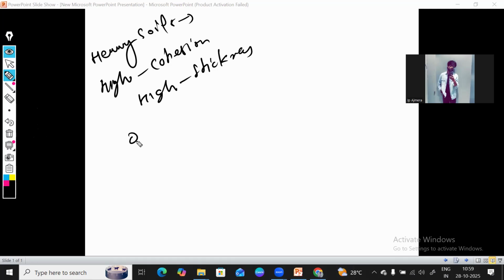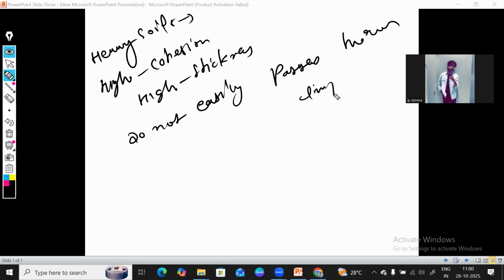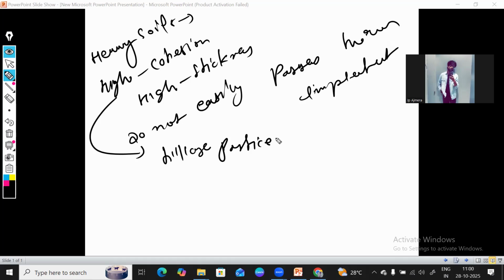Implements do not pass through easily. Tillage practices are very hard to do in these soils and require more power.